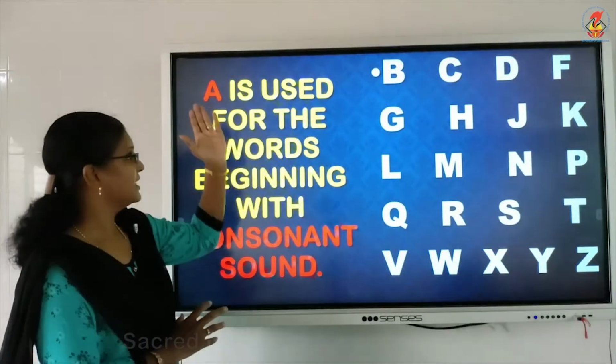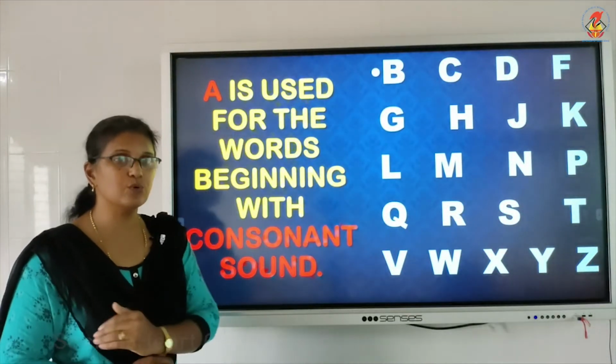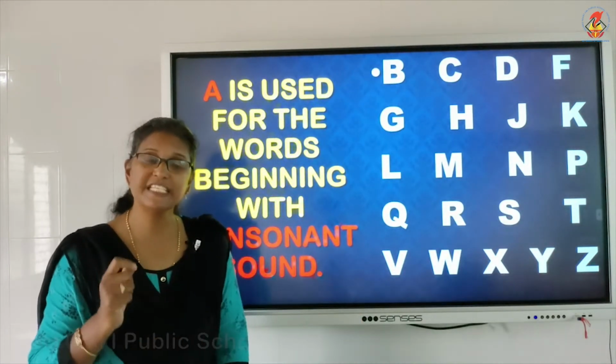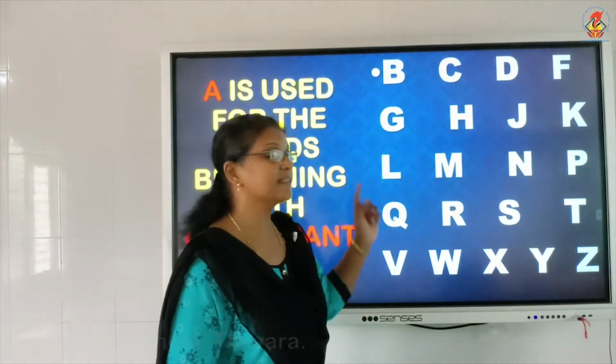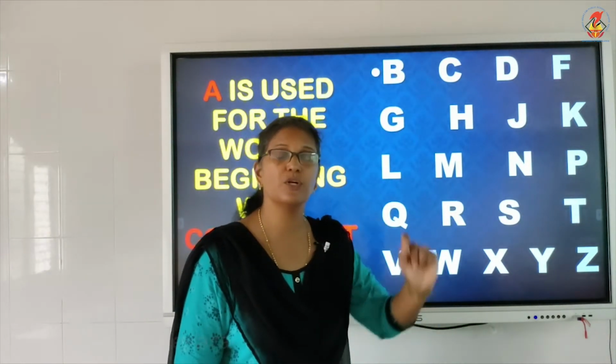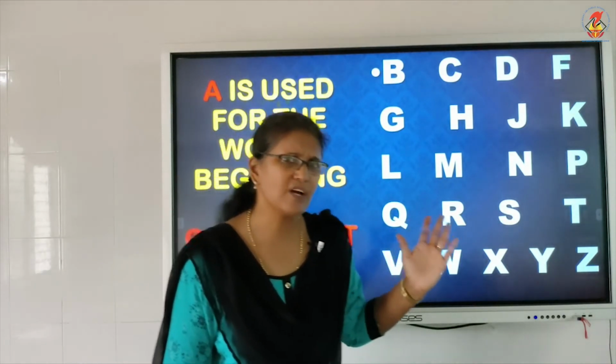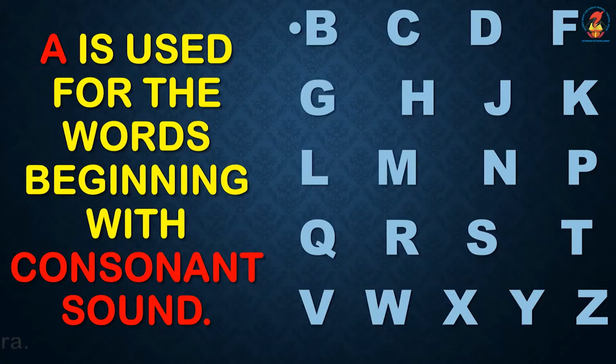For example, a is used only and only for the words which start with a consonant sound. So, what are consonants? Do you remember what are consonants? Come on. Yes, good children.